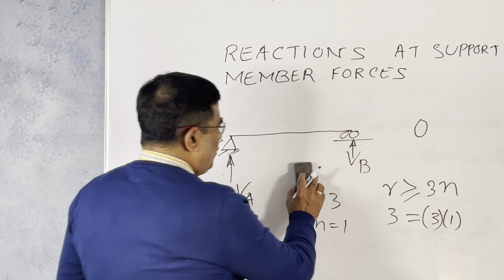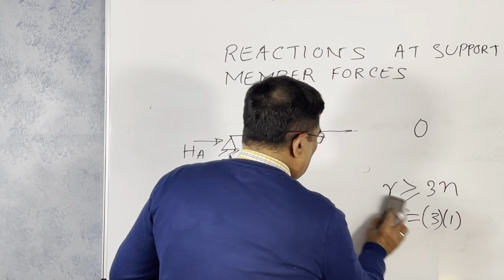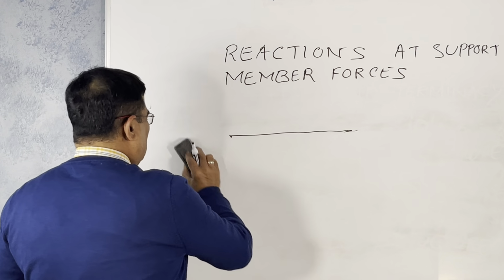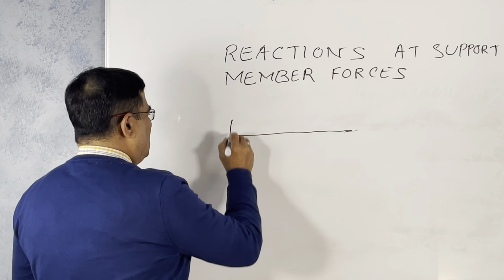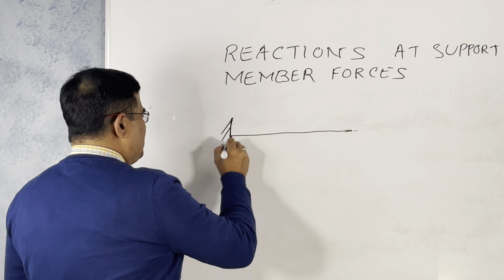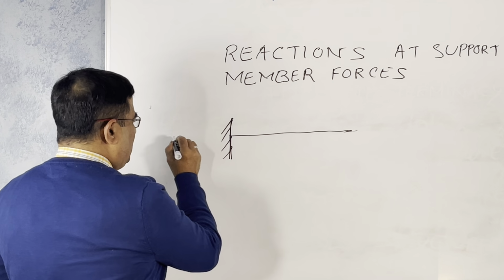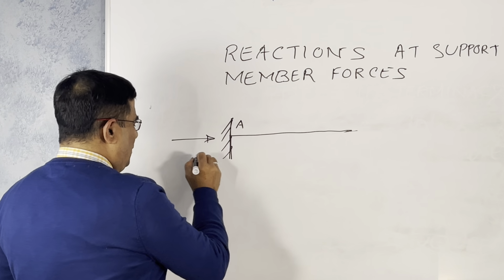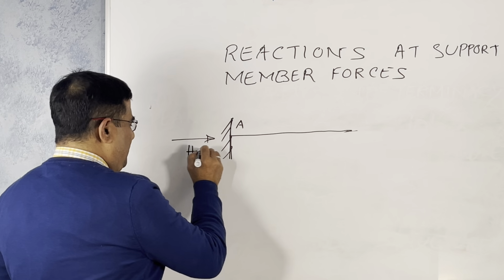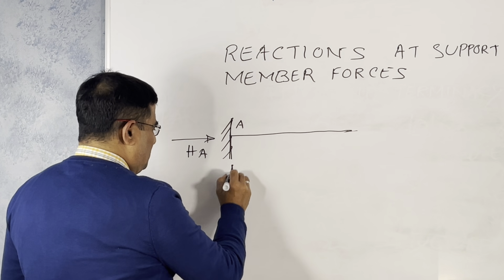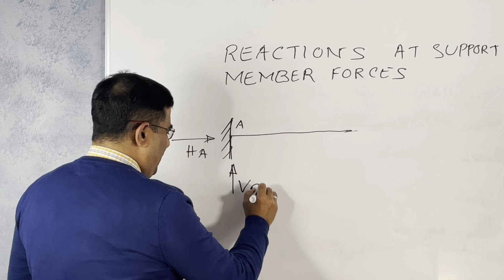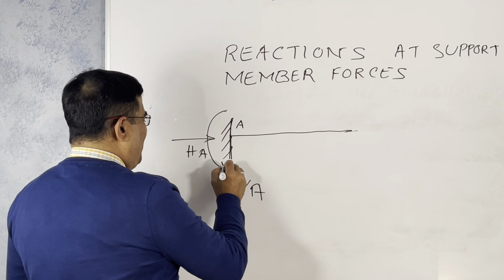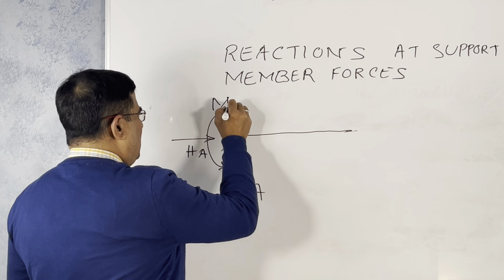But suppose we have a fixed end. How many reactions are there? If it's point A, one is HA, vertical is VA, and there is a moment, MA.